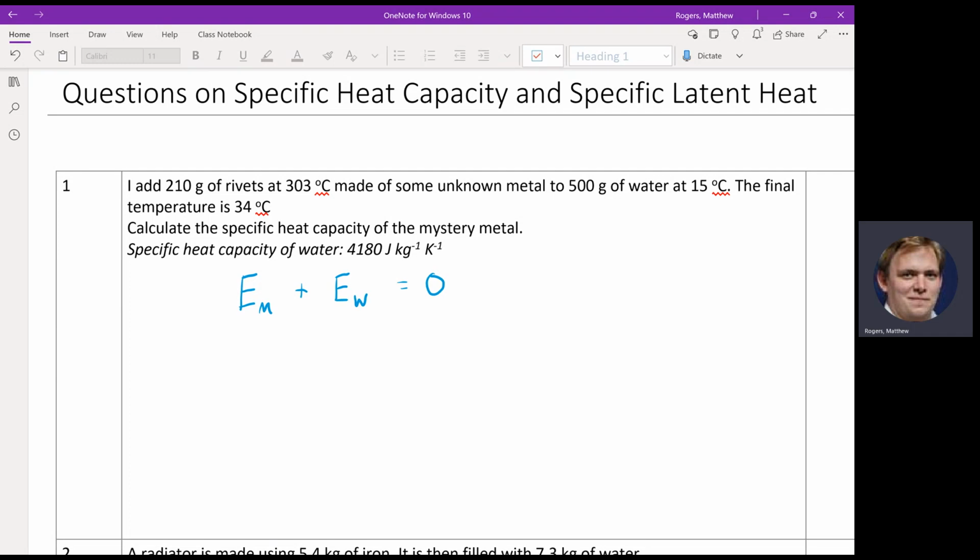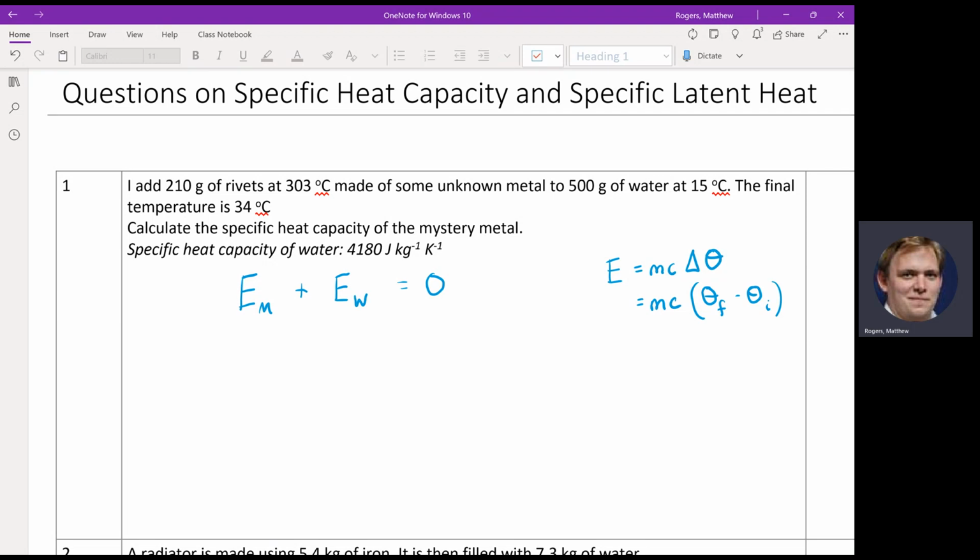So to express the energy in each, we're going to use the equation E is equal to mc delta theta, but it's also probably useful to remind ourselves that what we mean is the mass times the specific heat capacity multiplied by the final temperature minus the initial temperature.